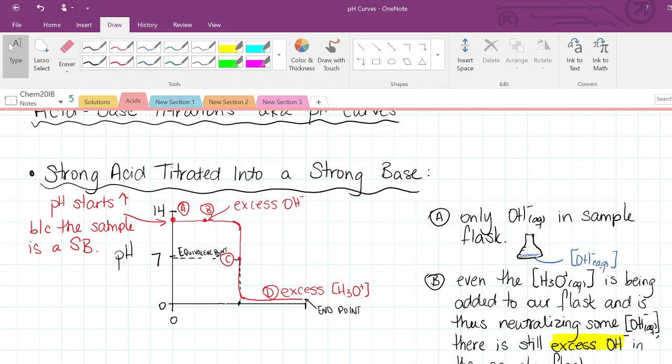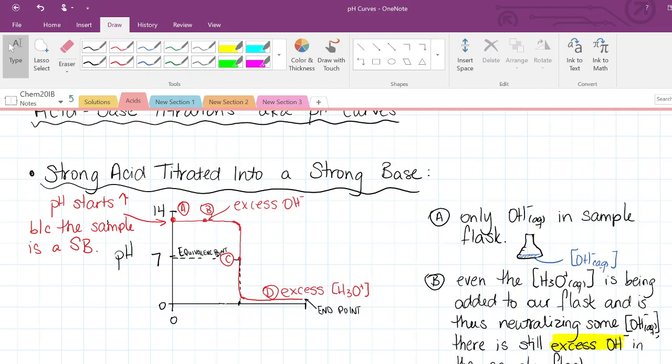In this case, I've taken a strong base, and we pipette this amount into the Erlenmeyer flask, and this is the sample. You may also see this called the analyte. That's another name for this. Generally, we refer to it as the sample, but realize that if you hear analyte, they're referring to the solution that's in the Erlenmeyer flask.